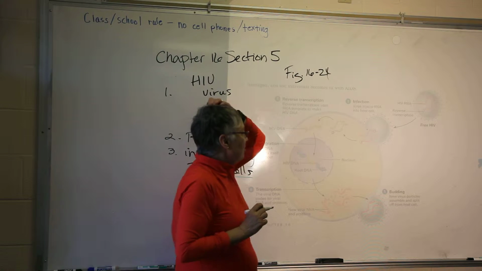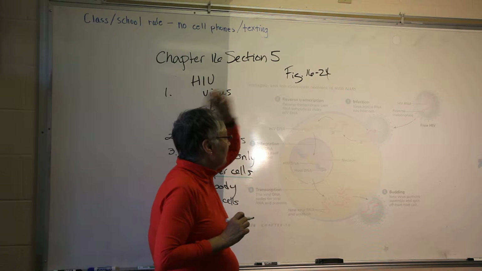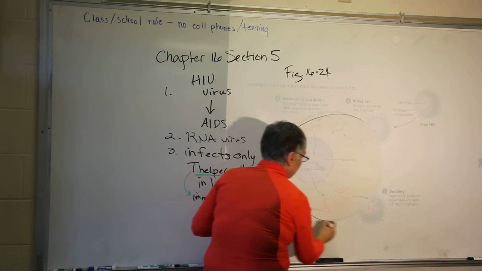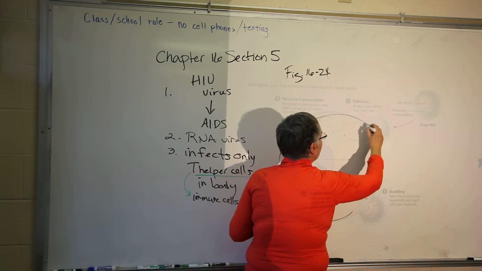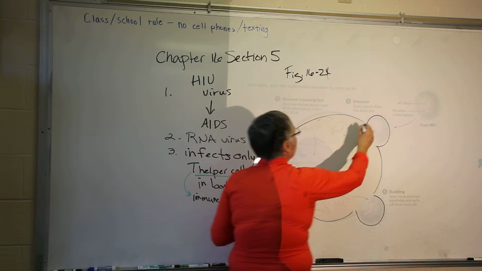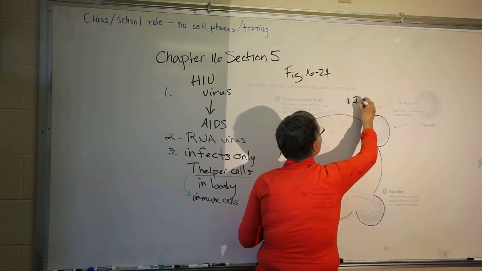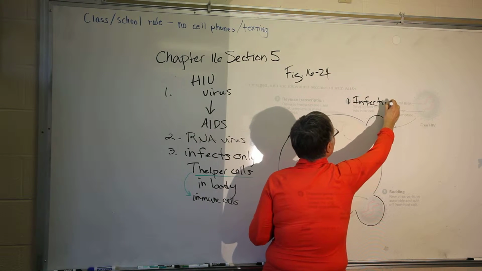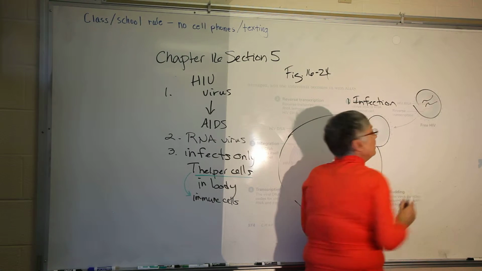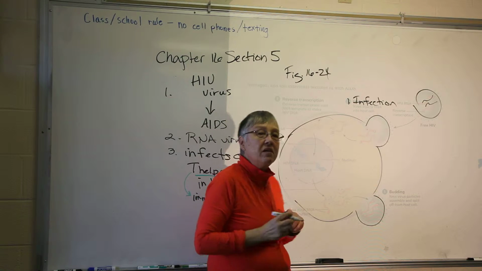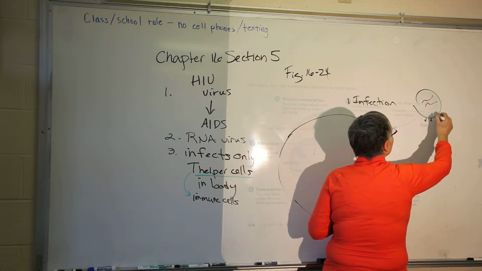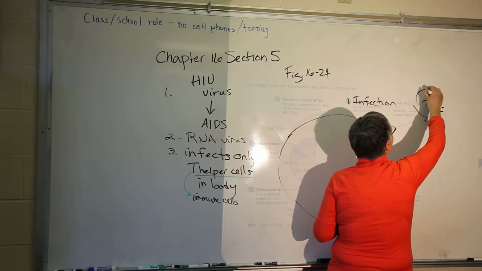Okay, so we're going to follow the infection of a cell. So this is a cell here. I'm going to start right here. So this is infection. The HIV virus has several strands of RNA, as well as an outer envelope with proteins on it.